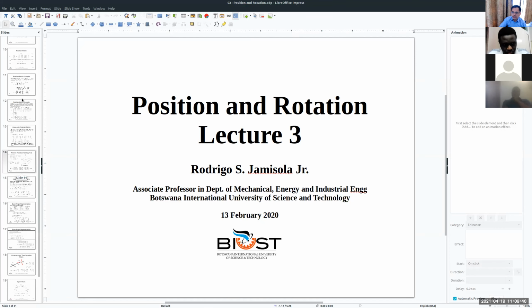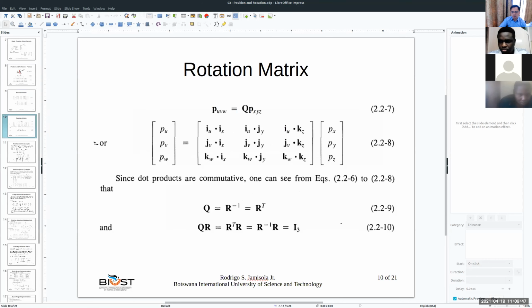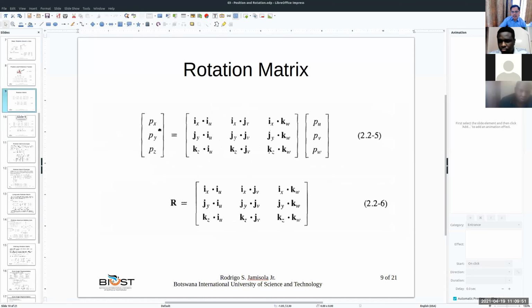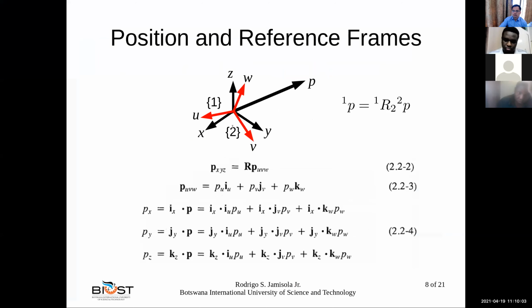Okay, so we stopped last time in the relationship of the rotation matrices, where we say that if you have a vector p with respect to the x, y, and z axis, okay, that's your vector p with respect to x, y, and z axis, as well as u, v, w axis.